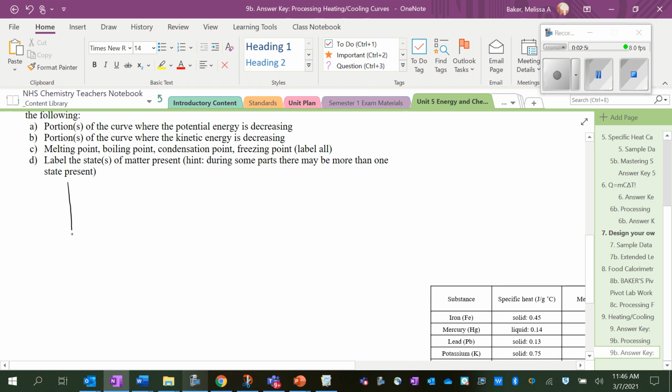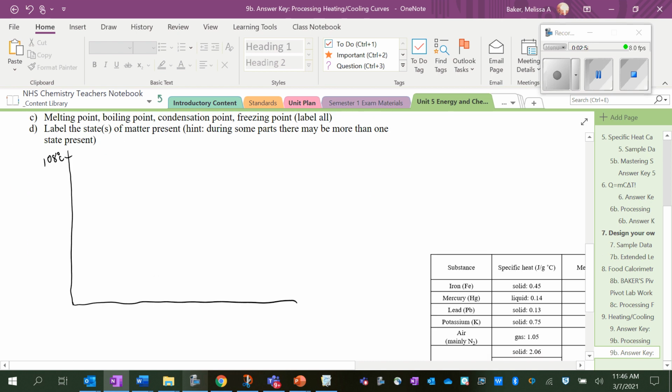Okay, so let's draw a cooling curve for water. It starts at 108 degrees Celsius and it cools down to minus 15 degrees Celsius. So this is temperature, and this is time, and this is energy released over time as this cools.